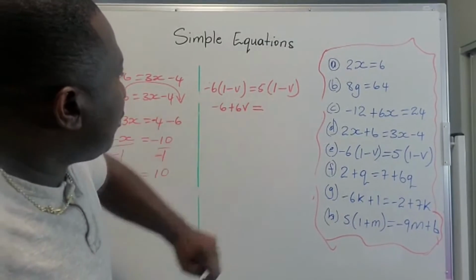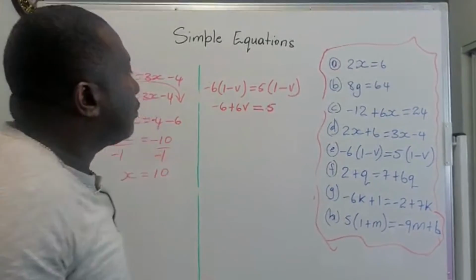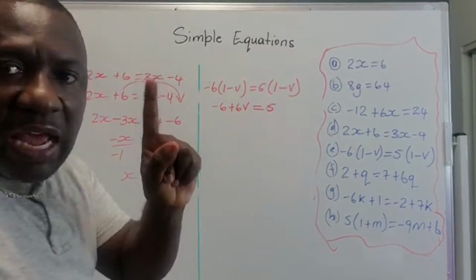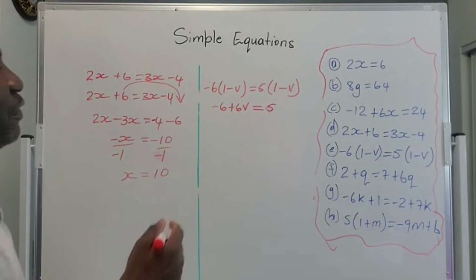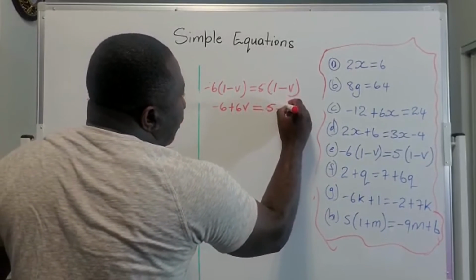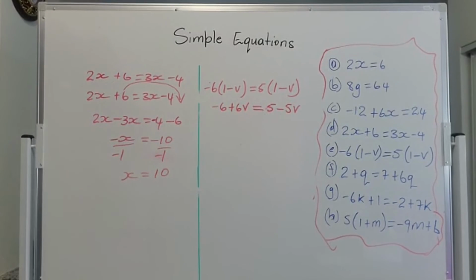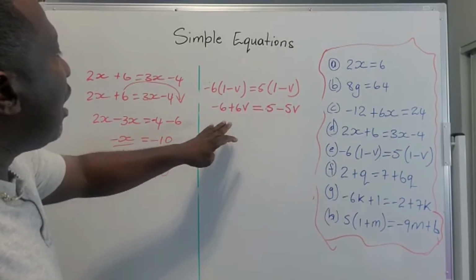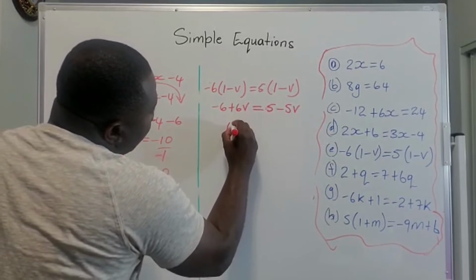I'm going to maintain my equal sign. 5 times 1 will give us 5. 5 times negative v, two unlike signs. We are multiplying two different signs. Our outcome will be a negative. So negative 5v. Okay guys, I'm going to go the short way by just jumping over the equal sign. I'm going to maintain my positive 6v.